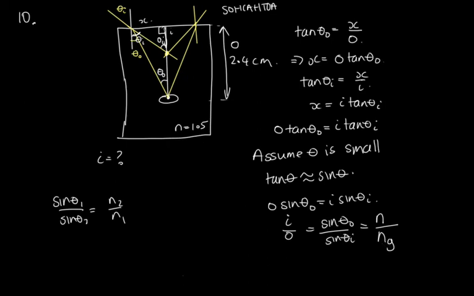Now this theta I is the angle of refraction, which is in the air, so this n is the n of air. So we have I is equal to O times n of air, which is 1 over 1.5. And so this is equal to 2.4 centimeters over 1.5, which is equal to 1.6 centimeters.